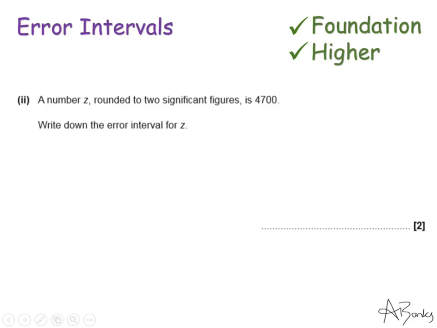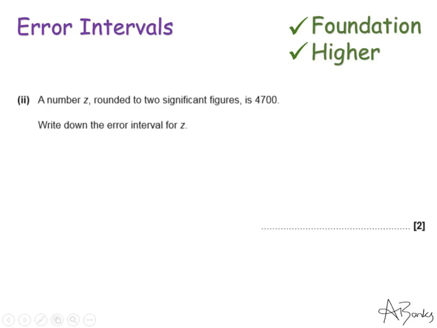Here's another example. So it doesn't always have to be decimal places. It can be rounded to the nearest 1,000, rounded to the nearest 10, or even something like the nearest 5. Or in this example, we've got a number z that's been rounded to 2 significant figures. Now this can be the most confusing one to look at because 2 significant figures can mean different things in different contexts.